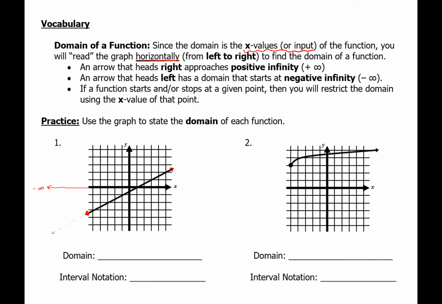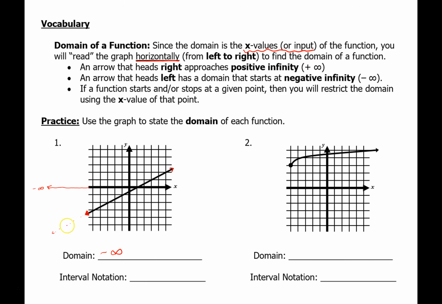All right, so when you look at this graph, you can see that it is a straight line and it goes infinitely to the left because it keeps going to the left forever, and it goes infinitely to the right because it keeps going in this direction to positive infinity forever. So if we wanted to write this as an inequality, we would write from left to right that it starts down at negative infinity, way off here somewhere.